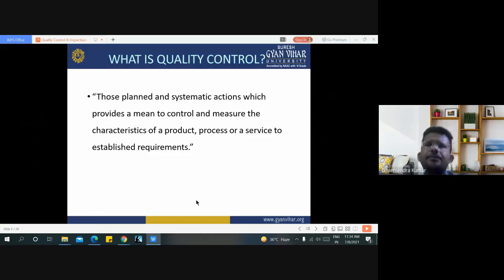Then we take some actions, like during the inspection process, if we find any deviation, we implement quality control, because the quality of the product coming out of the industry is more deviated from our prerequisite characteristics. Thus quality control is needed for betterment of our product, for betterment of its characteristics, and for overall customer satisfaction.